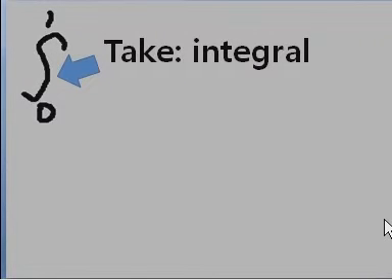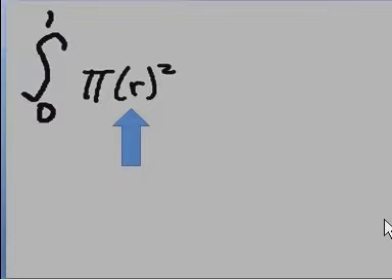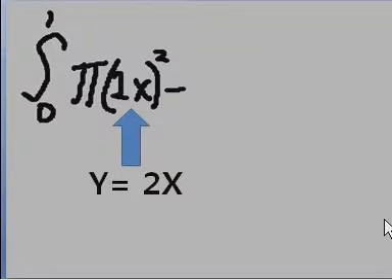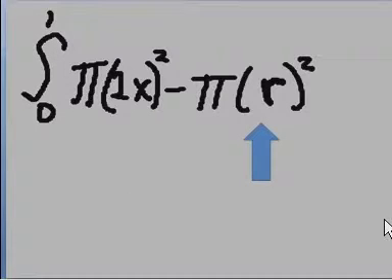Now let's take the integral from 0 to 1 of pi r squared. For y equals 2x, pi r squared is pi (2x) squared, minus pi r squared.